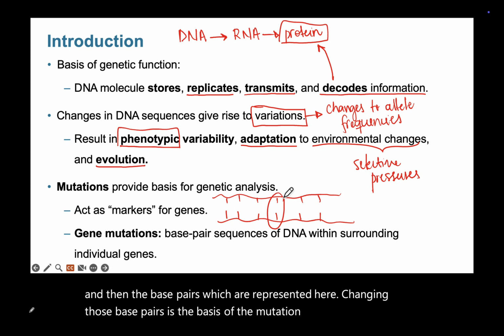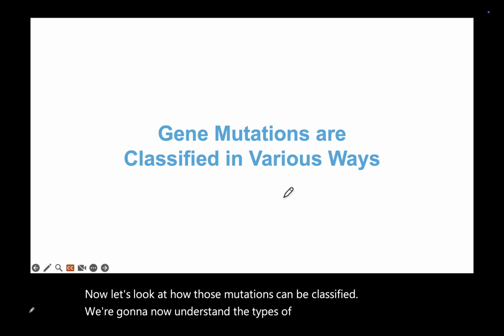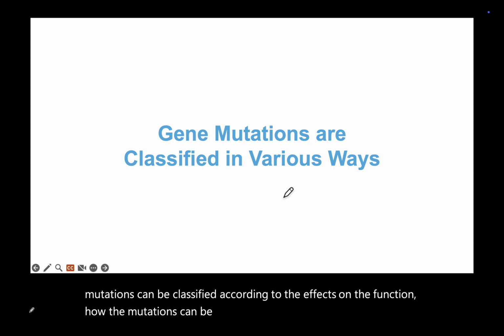Okay? Now let's look at how those mutations can be classified. We are going to now understand the types of mutation, how those mutations can be classified according to the effects on the function, how the mutations can be classified according to the effects on the phenotype. Okay?